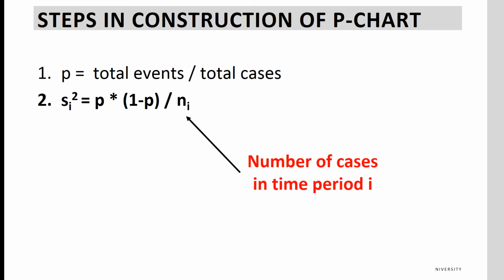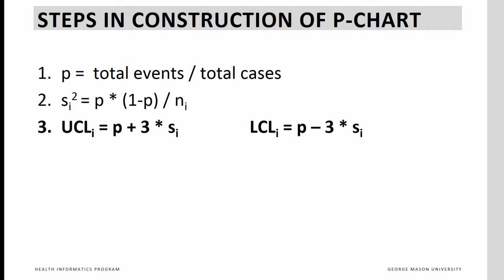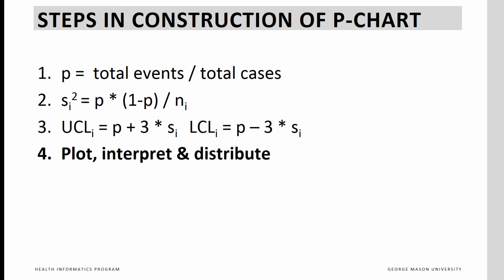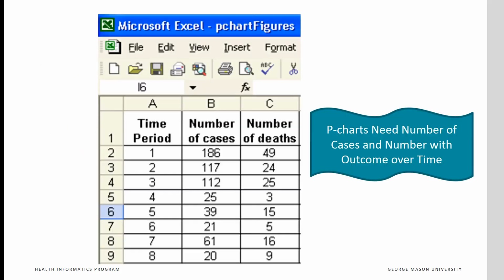The square of standard deviation is the grand rate times 1 minus the grand rate divided by the number of cases in the time period. The upper and lower control limits for each time period are calculated from the rate across the time periods and standard deviation within that time period. In the last step, the chart is drawn, interpreted, and distributed to improvement teams.